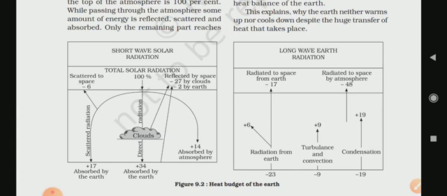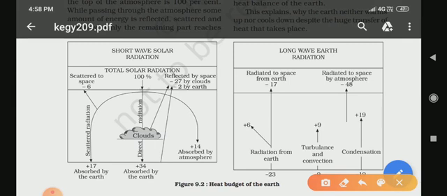Okay, north and south, you can see here this portion shows the north portion and the south portion. So the surplus heat energy from the tropics is redistributed across the whole world, right?